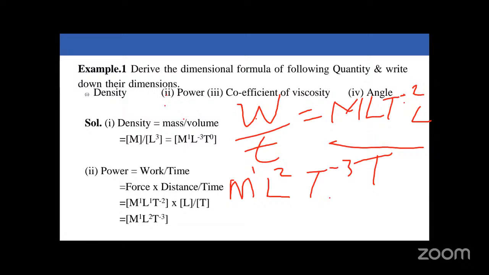So the dimensions of power is 1 in mass, 2 in length, and minus 3 in time.